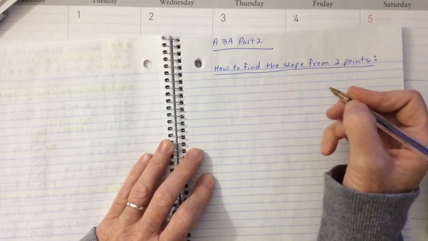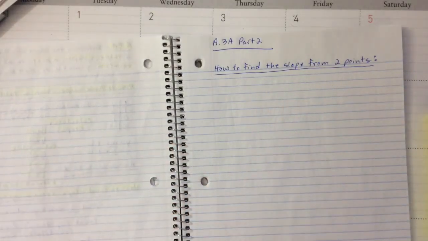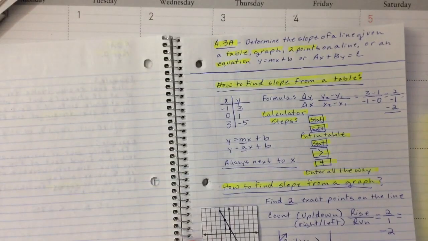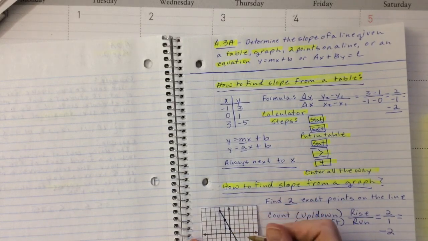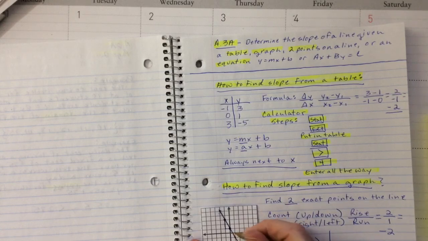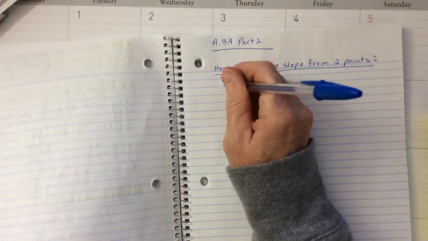Okay. So I'm going to go back to our table here and I'm going to find 2 points. Let's use some different points. Let's use x is 1, y is -1. So I'll put that here.